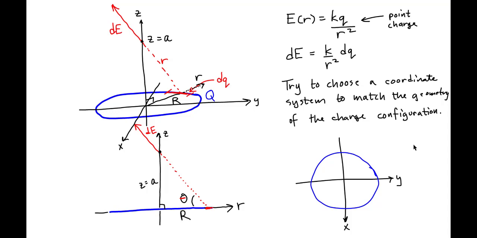This is important information because it allows us to start representing various variables in terms of each other. So for example, the distance between our representative charge element and the point on the z-axis is given by Pythagoras' theorem, which tells us that the distance is equal to the square root of a squared plus r squared.